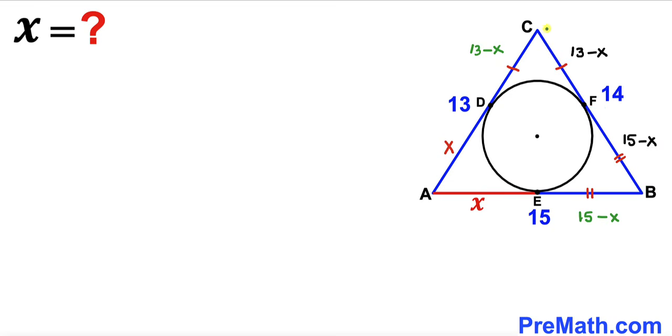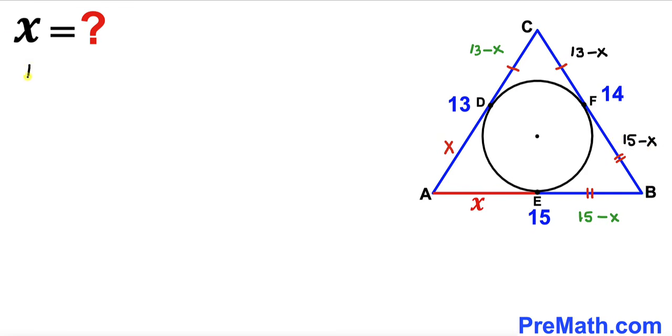Now let's make an observation. We can see that this whole side length BC is equal to the sum of these two individual lengths, CF and FB.